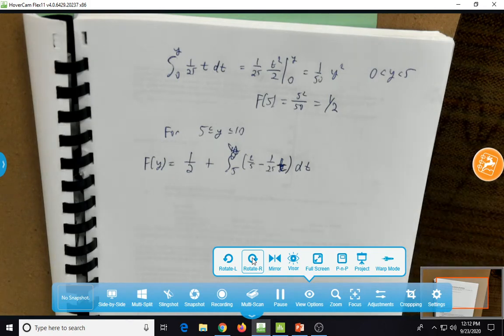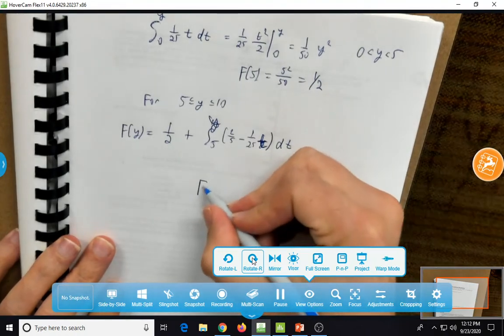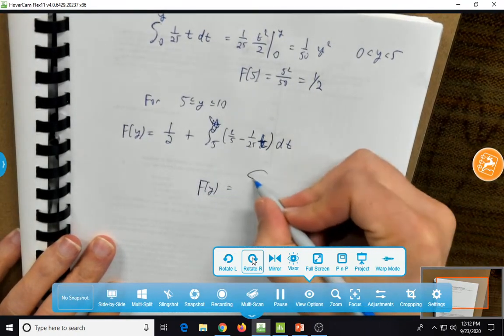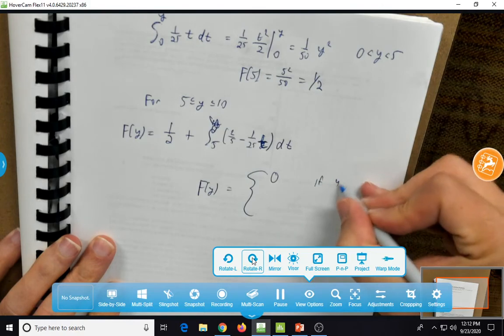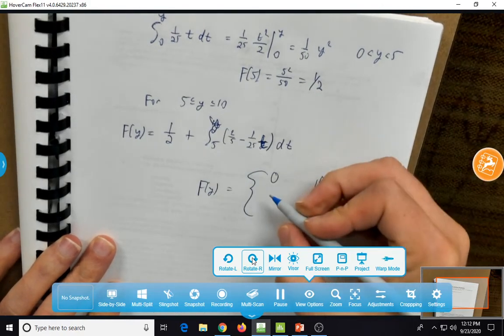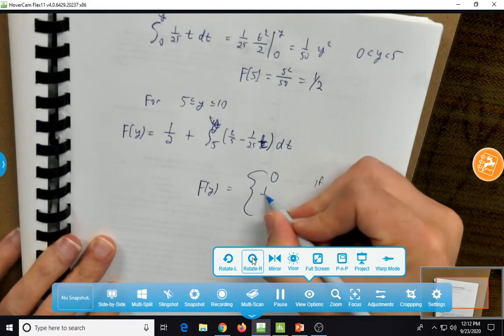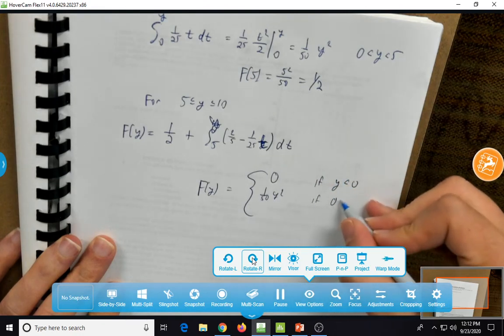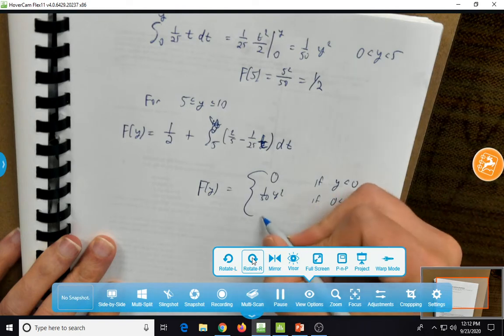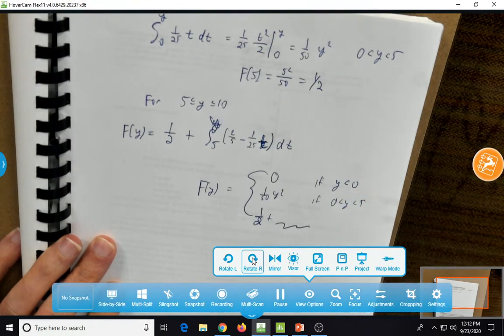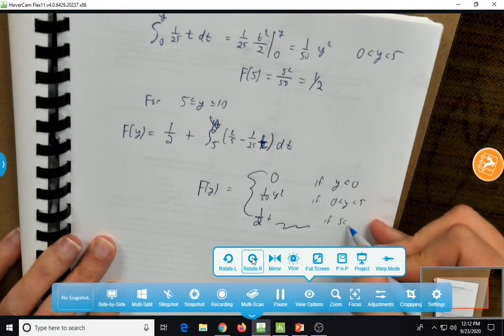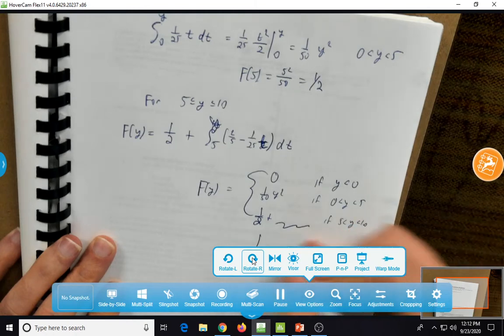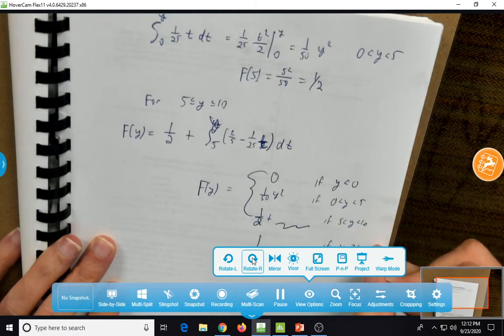So in the end, you should get something like f of y is equal to 0 if y is less than 0, 1/50th y squared if 0 is less than y is less than 5, and 1/2 plus whatever you get there if 5 is less than y is less than 10, and 1 if y is bigger than or equal to 10.